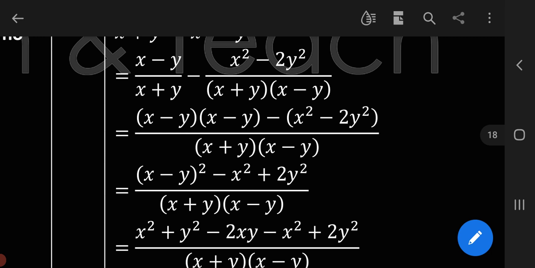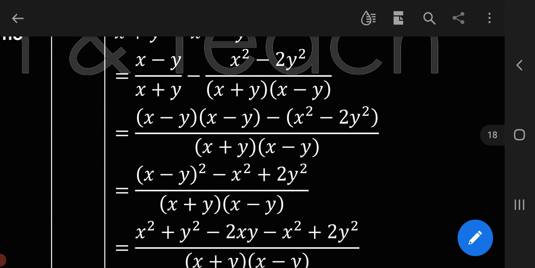Then in the middle it is written minus. One thing I want to clear at this point: whenever a minus is coming you must write a small bracket, because minus changes all the signs of the remaining terms.